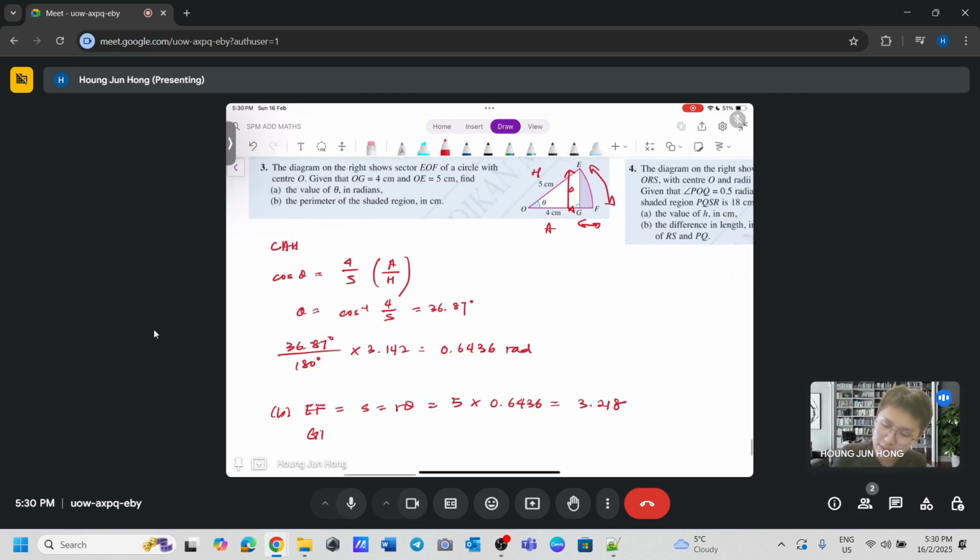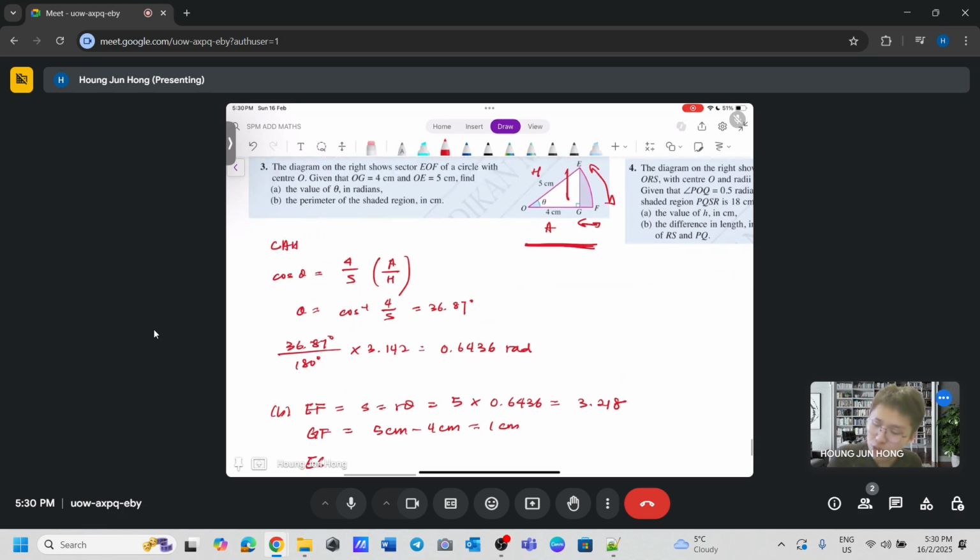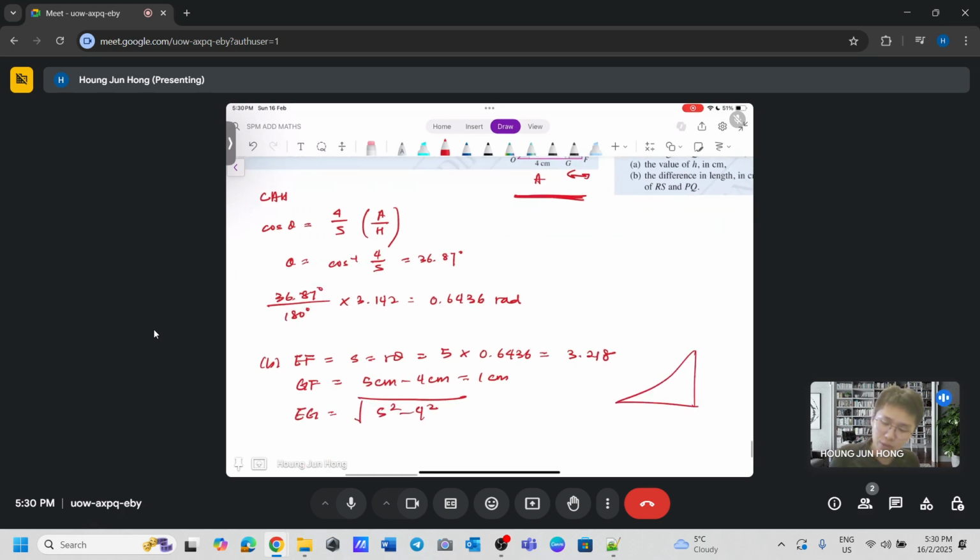Then we can also find the others. GF should be quite straightforward. This is 5. This is also 5. So GF is just 5 cm minus 4 cm, which is 1 cm. Lastly, EG also quite simple. This is again a bit of basic math. If you remember Pythagoras theorem, a square plus b square equal to c square, so EG should be 5 square minus 4 square, which is 3.